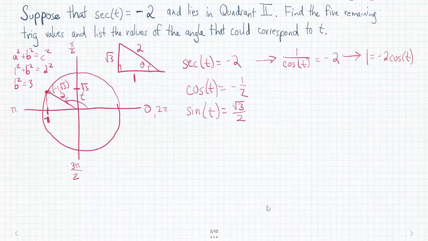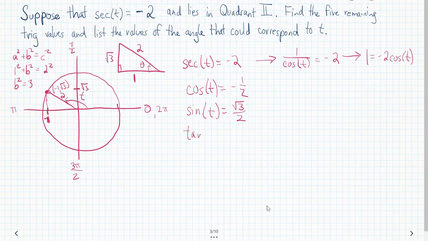Know that chart well. So now moving forward, we have tangent of t, and just to keep in the same vein as before, you could do opposite over adjacent using this triangle and be done in a matter of seconds. That's fine. If not, we can do sine of t over cosine of t.